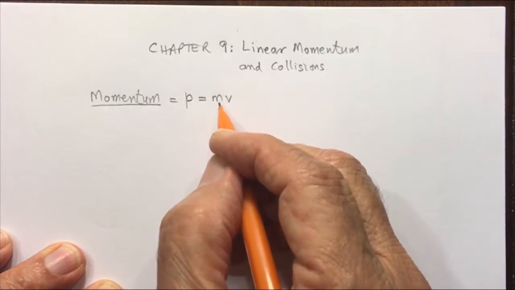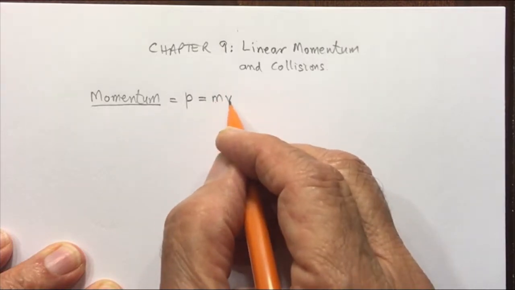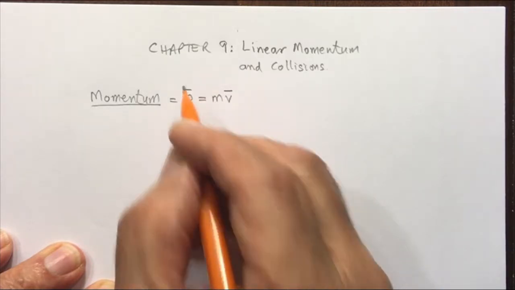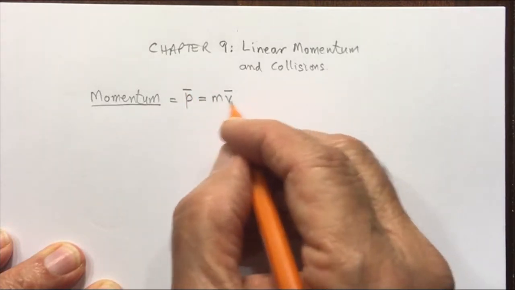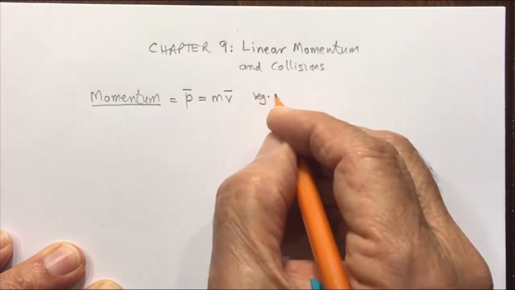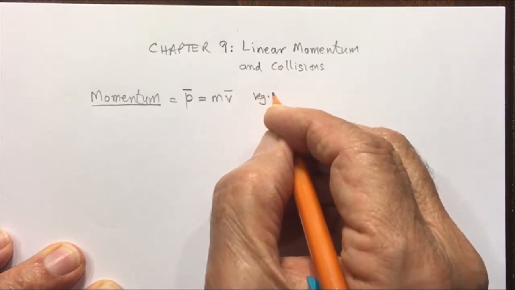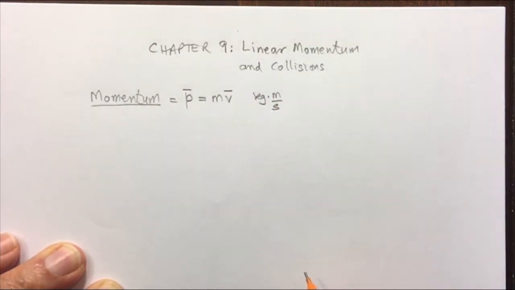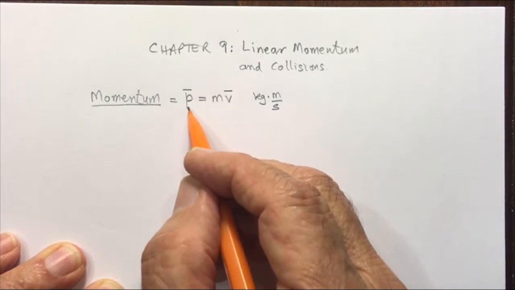If you have an object of mass m moving with a velocity v, which is a vector, we get the momentum. The units are kilograms times meters per second, and this is what we call momentum.